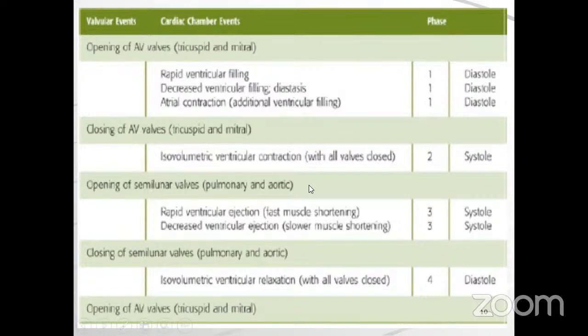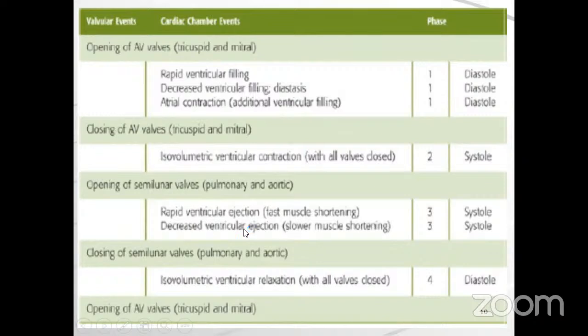Once the pressure rises above, there is a sudden opening of the semilunar valve causing rapid ventricular ejection. That means the blood gushes out of the ventricle towards the pulmonary and aortic valves. After the rapid ejection, because of the muscle contraction, there is slow or decreased ventricular ejection.